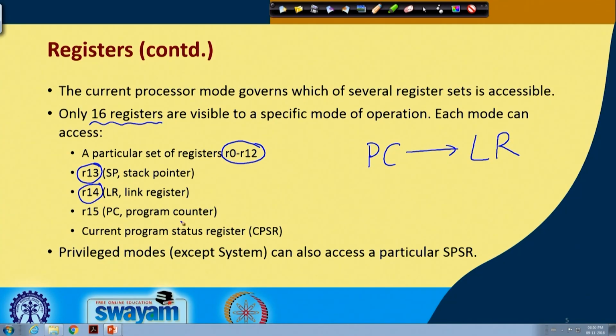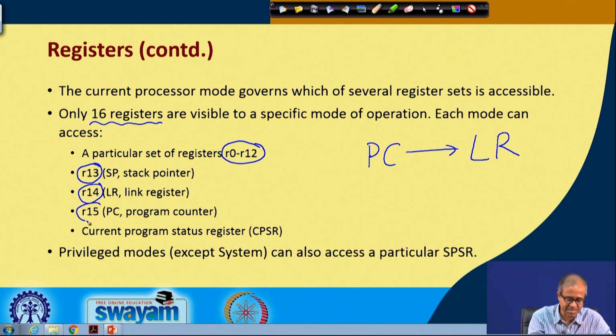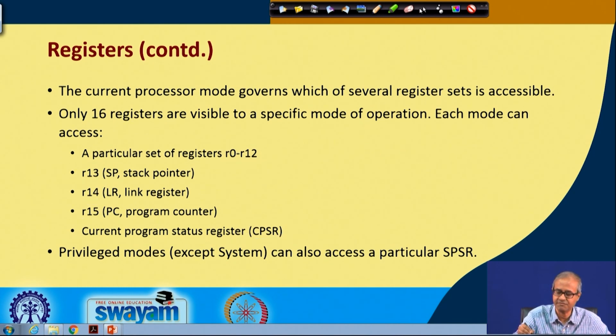So, you start from there again, right. And program counter is accessed as R15 and of course, current program status register. Now, here I shall show a picture later which will show you the different registers, how they are accessed in different modes.